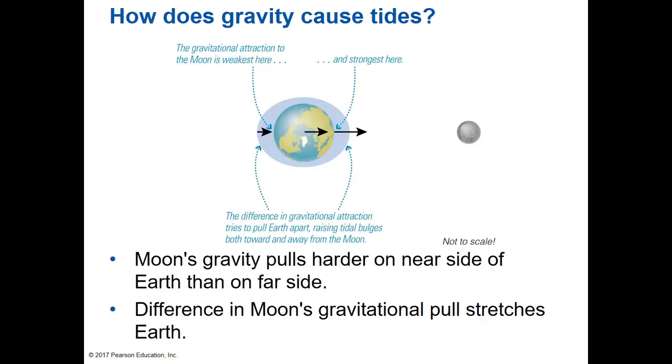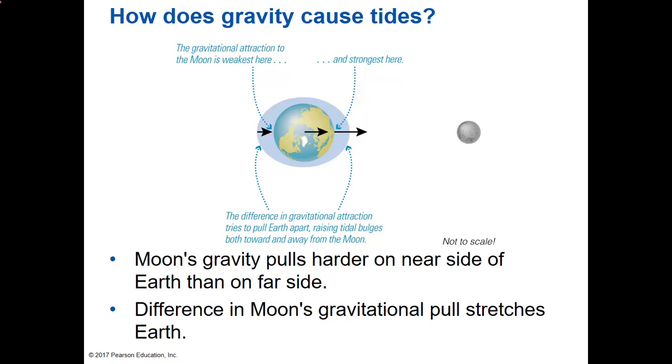So this is the Earth here, and this is the Moon, and the shaded portion represents the ocean. Now here, if I compare the two locations, the gravity does change depending upon the location.